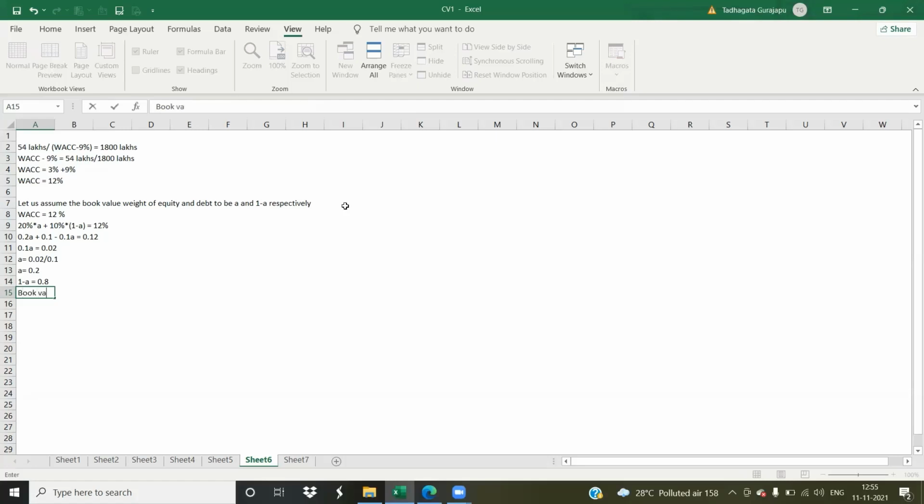So book value weights of equity and debt, book and market.